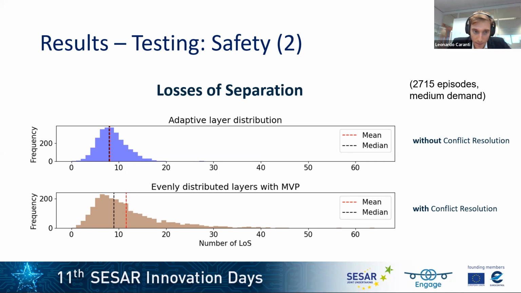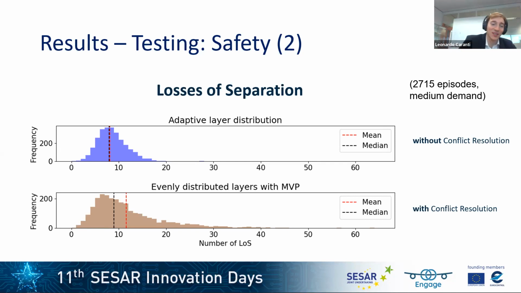Basically, in this slide, we compare an adaptive layer distribution without conflict resolution, so with aircraft flying straight from origin to destination, to evenly distributed layers with the conflict resolution algorithm. One can already see that, even without the conflict resolution algorithm, the adaptive layer distribution has fewer losses of separation.